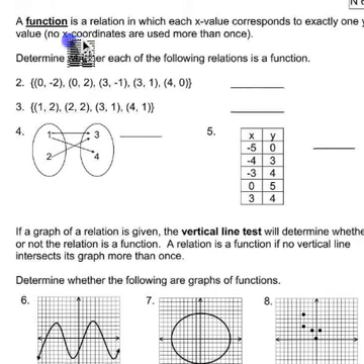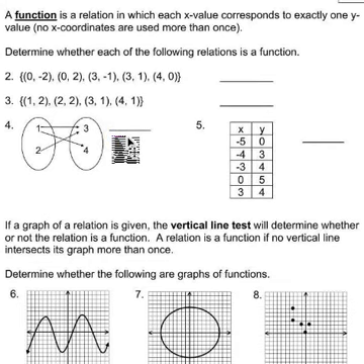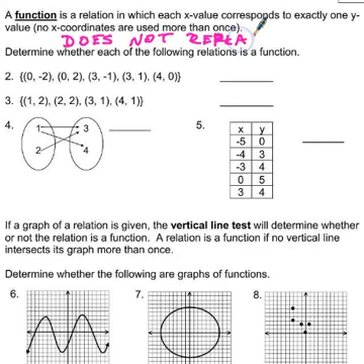So add that. Whoops, again, still learning. Okay, let's try again. So right here, x does not repeat. Okay, so determine whether each of the following relations is a function.